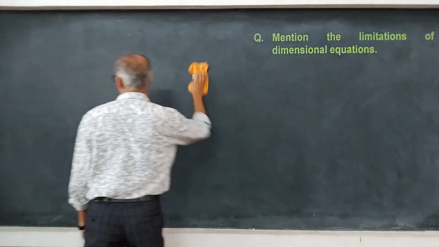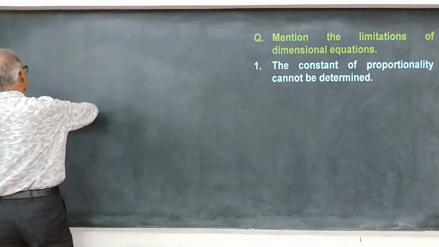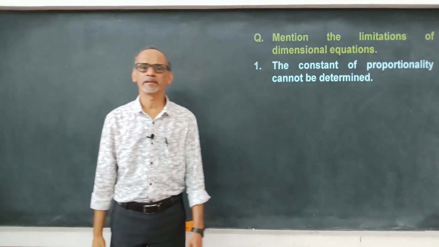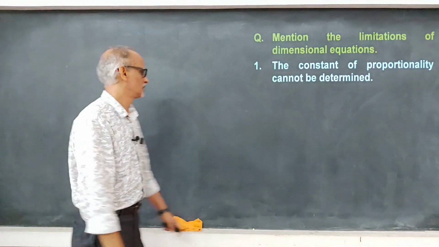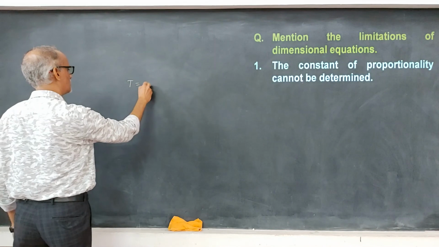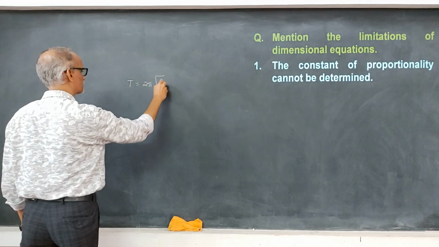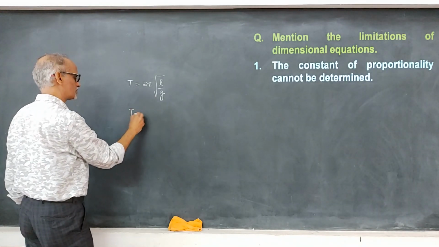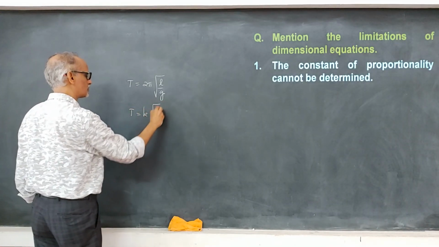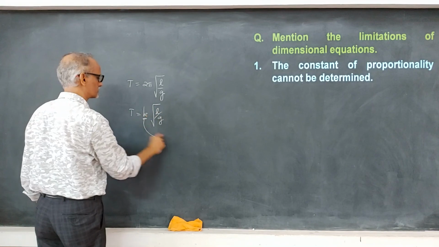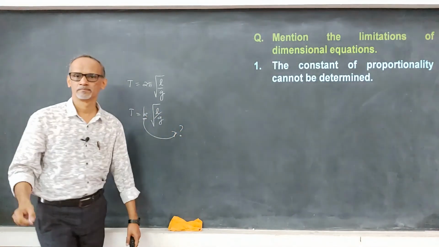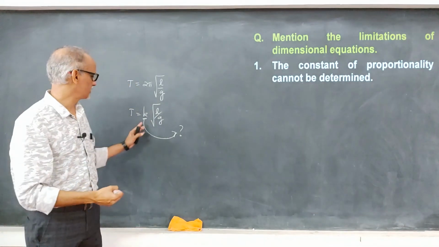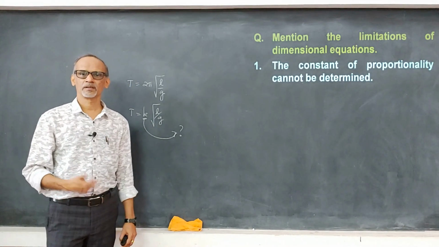The first disadvantage is the constant of proportionality cannot be determined. See, the actual equation is T is equal to 2 pi root of L by G. We have derived this, and when we derived, we got the equation like this: T is equal to K root of L by G. So, by this method of derivation, we cannot find the value of K. Then how to find K?